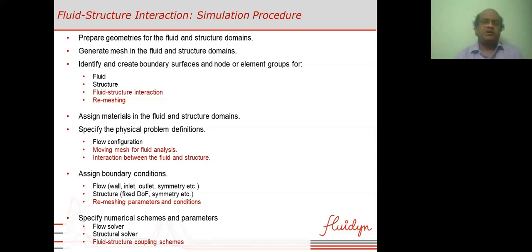In addition to the flow and structure boundary conditions, there could be some remeshing parameters and conditions, because there are a lot of conditions available and we can control the regions of remeshing. We may not want to consider the remeshing to be done in certain regions, or it should be restricted to certain region for facilitating better convergence and so on.